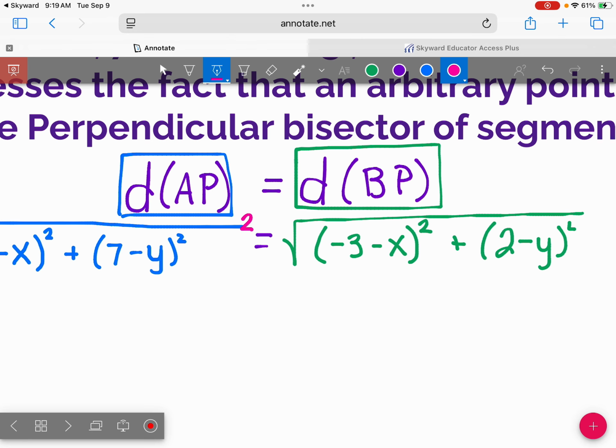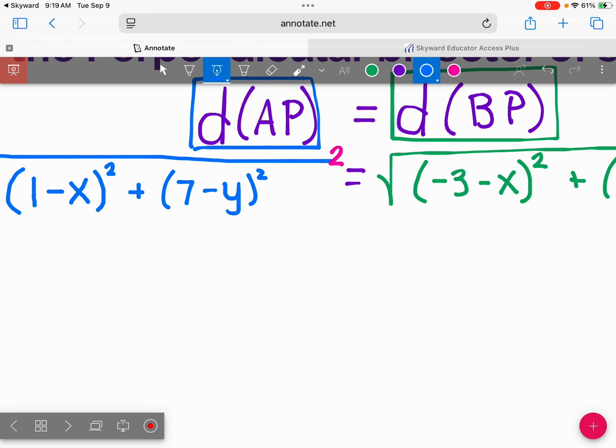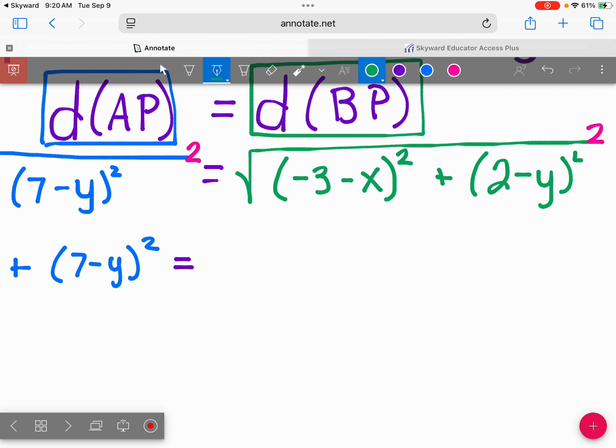So if I square both sides, both of those square roots cancel out, and we're left with 1 minus x, squared, plus 7 minus y, squared, is equal to -3 minus x, squared, plus 2 minus y, squared. So we got rid of all those square roots. Yay!